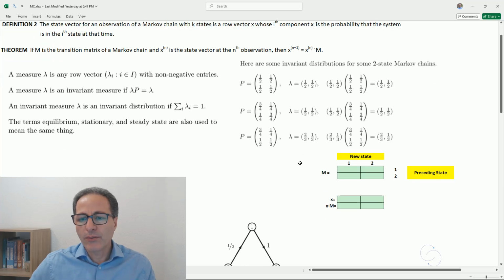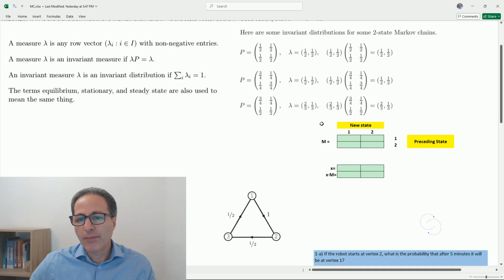Here I explain one of them. For example, the last one. We said that if we consider the state vector as a row vector, then we are moving from rows to columns. So the old or preceding state is the row and the new states are in the columns. So from row 1 to column 1, from 1 to 1, here it says that the probability is 3/4.